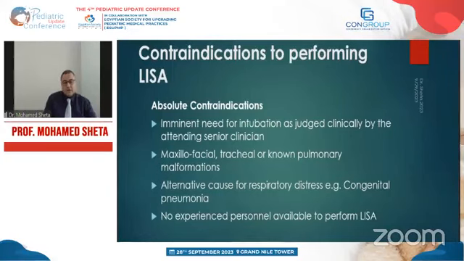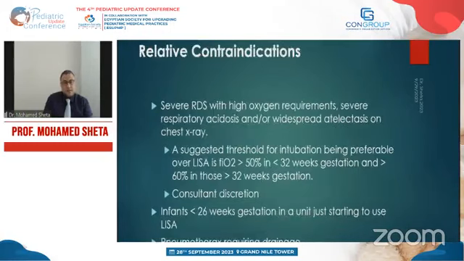Non-experienced personnel available to perform LISA is also a contraindication. There is no need to give it if there is no experienced personnel with very high skills in intubation to perform LISA. Relative contraindications: severe respiratory distress syndrome with high oxygen requirements, severe respiratory acidosis, and widespread atelectasis on chest X-ray.